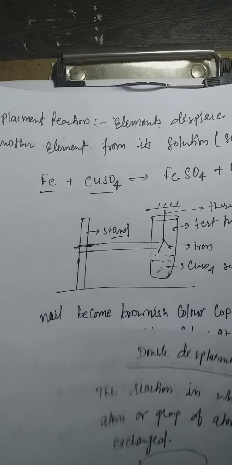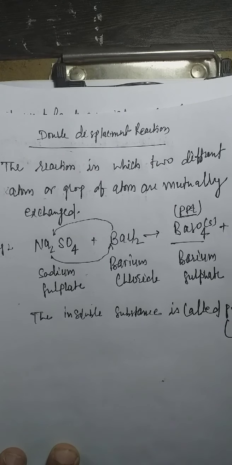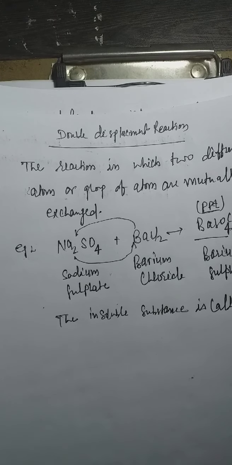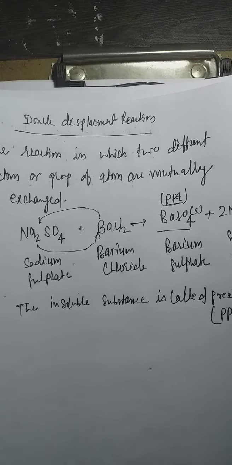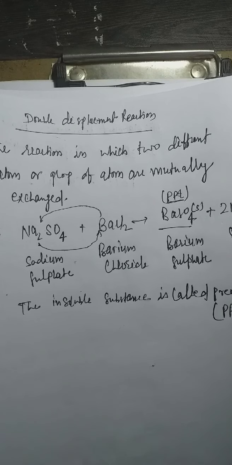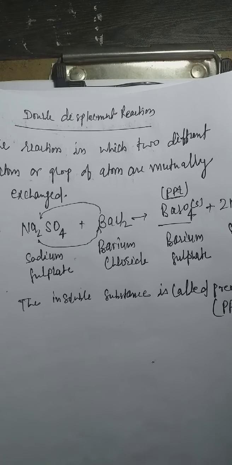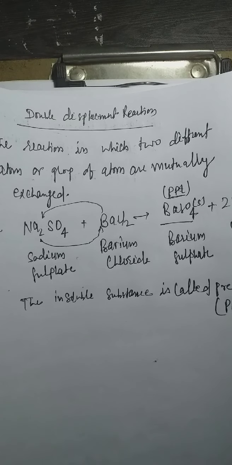Another example we are taking is the double displacement reaction, in which both atoms or groups of atoms are mutually exchanged in one reaction, and whatever solid part exists inside the solution is called a precipitate, or we write it in shorter form as PPT. So memorize this. In the next video we will go ahead with this reaction, the idea of the precipitation reaction. Then we have reduction, oxidation or redox processes. Thank you.